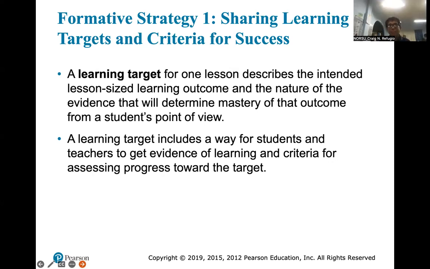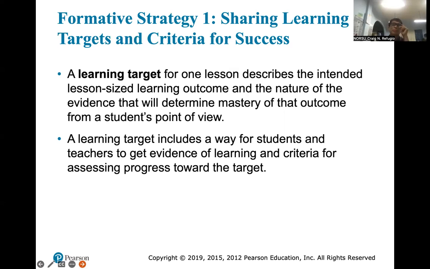A learning target includes a way for students and teachers to get evidence of learning and criteria for assessing progress toward the target. So there might be some competencies where you need to emphasize what is actually the exact learning target. So there might be some cases.